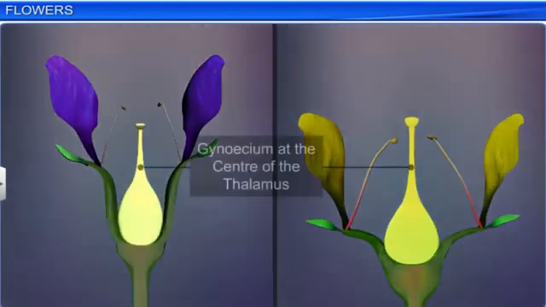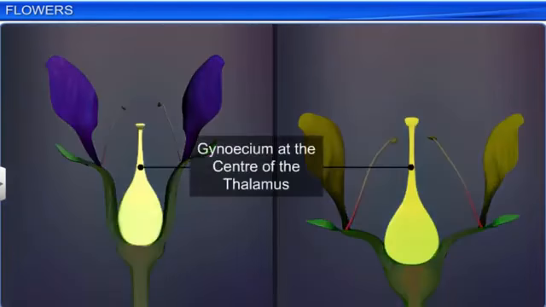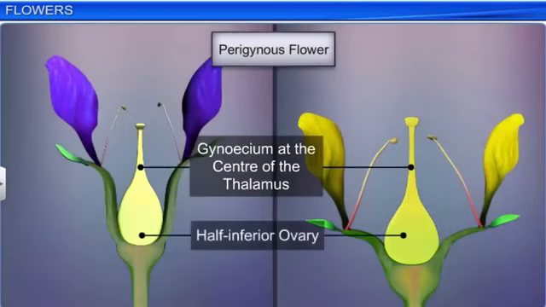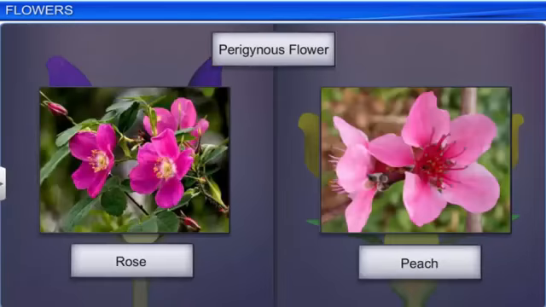When the gynecium is at the center of the thalamus and all the other parts are on its rim, the flower is called a perigynous flower. The ovary in these flowers is said to be half inferior. Rose and peach are typical examples of perigynous flowers.